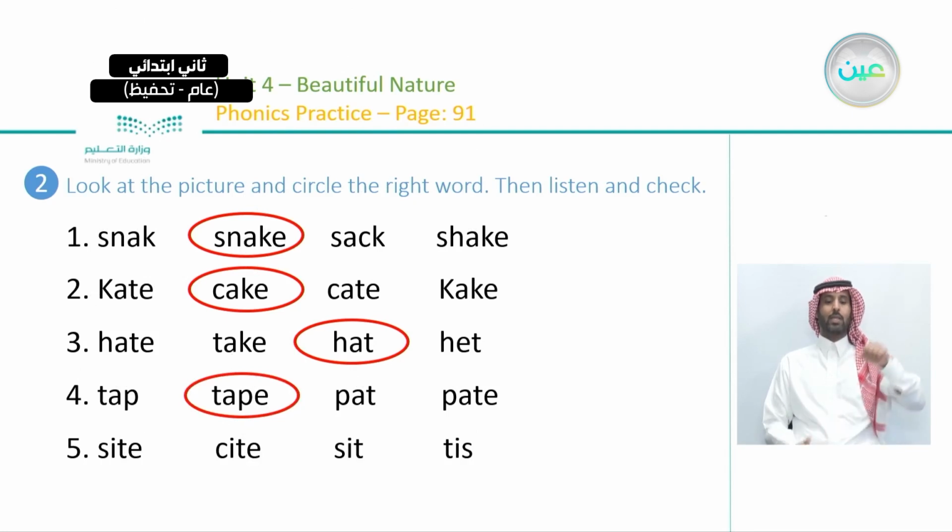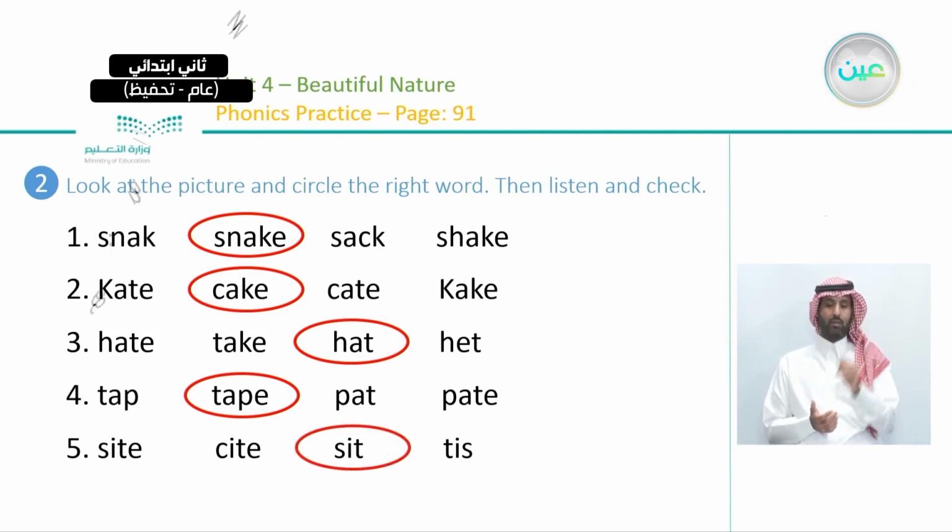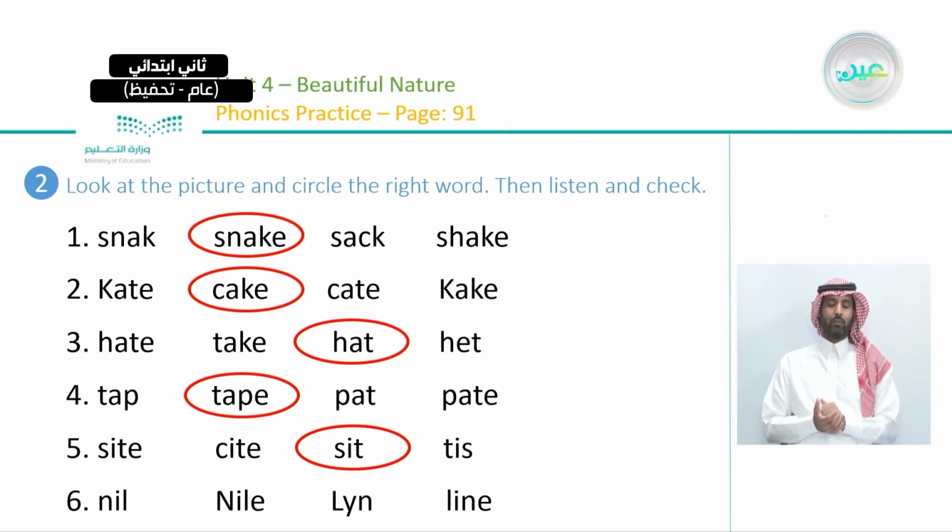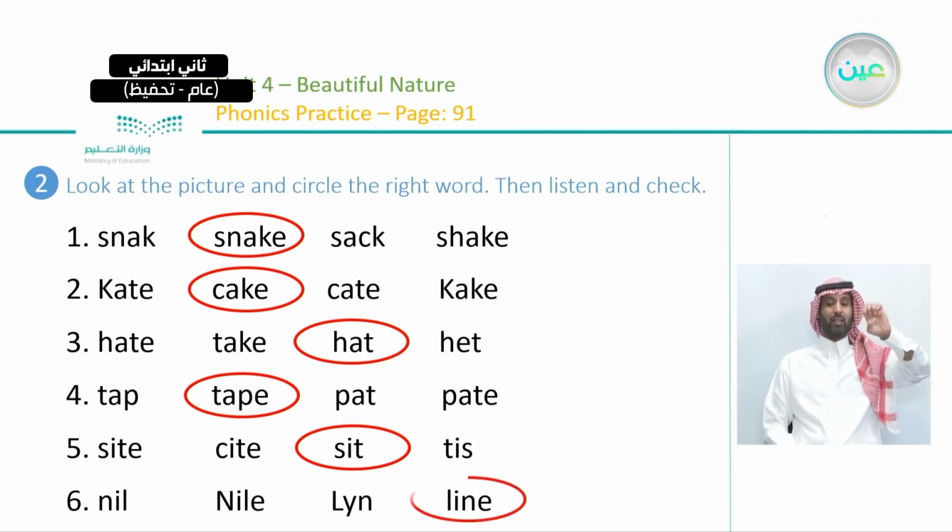Sit. What is sit? Yes, excellent. So this is a sit. Number 6, we have nil, nile, line. Let's listen. Line. What is the correct word here? Line? Yes, excellent. So this is line.